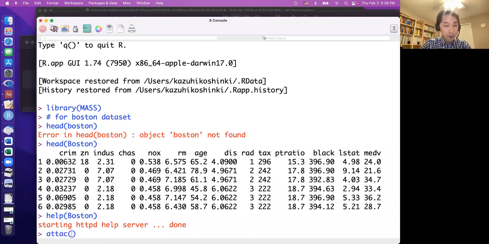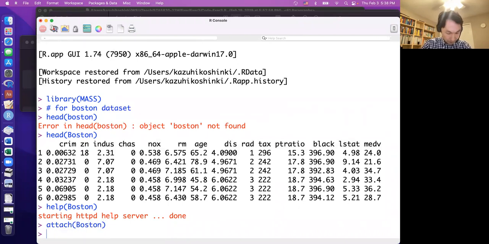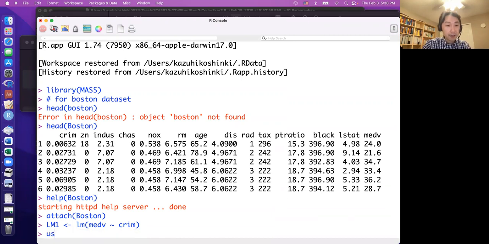Okay, so to use all variables without specifying the dataset, we attach Boston. Then as a starter, we can do one regression model. Generally, a lower crime rate means a higher house price, so we expect that the coefficient is negative, and we fit.